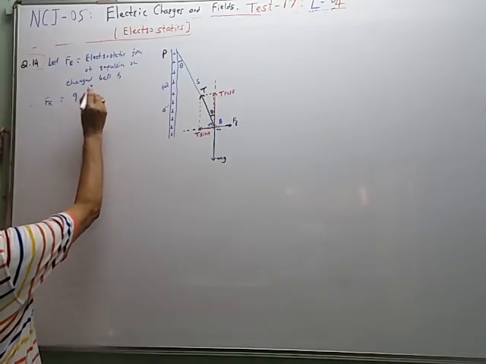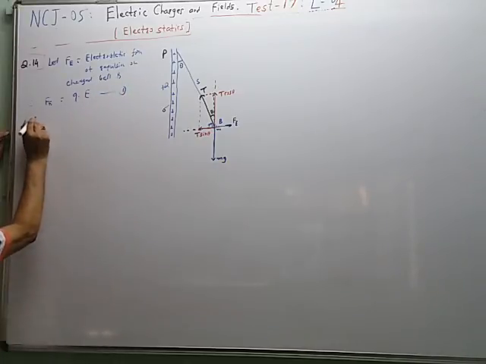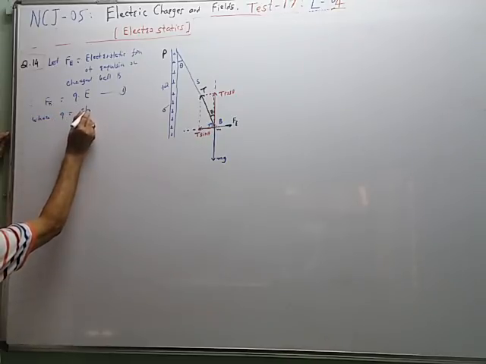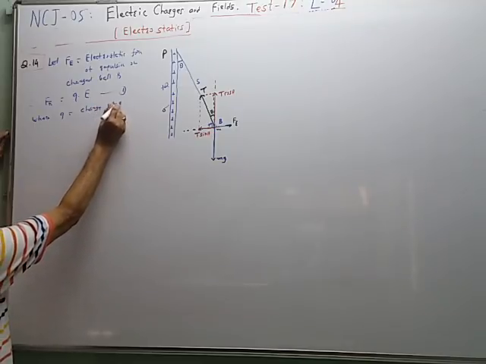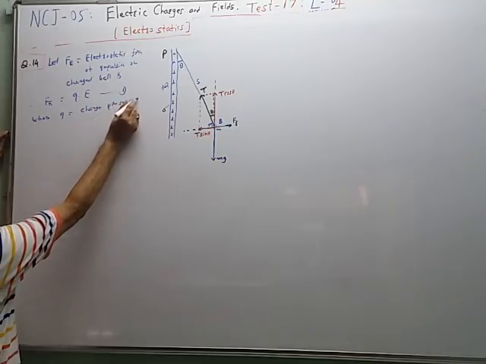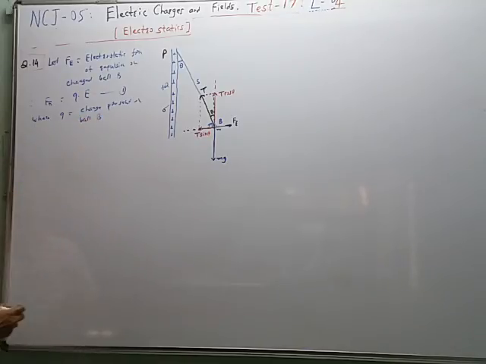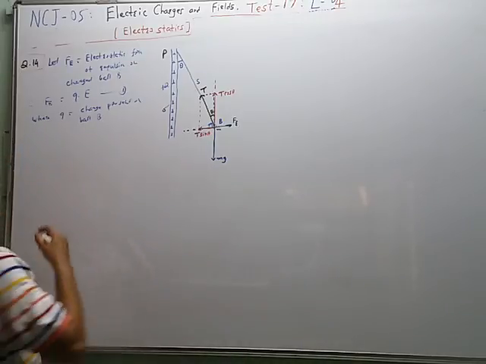Where Q is a charge, E is the electric field intensity, equation 1, where Q is equal to charge present on the ball B, and the meaning of E is important.